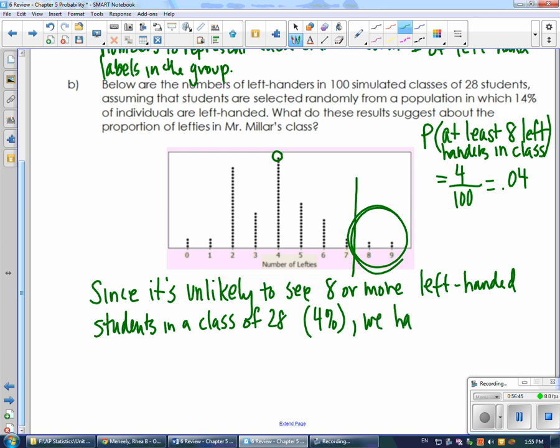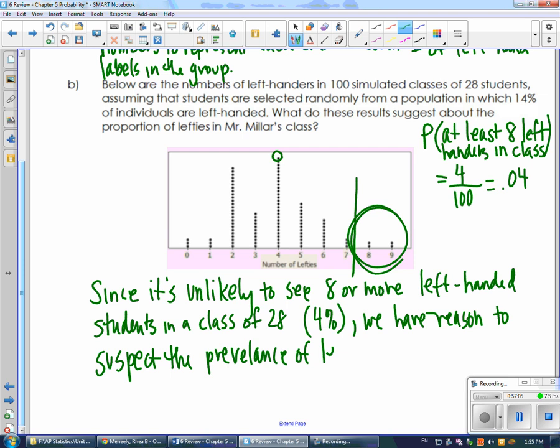We have reason to suspect, or we have reason to conclude, we'll go ahead and keep up with the suspect, that the prevalence of left-handedness is probably greater than 14%.